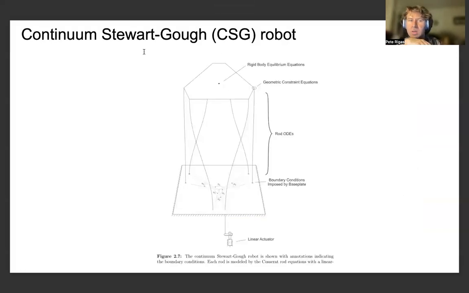And the CSG, or the Continuum Stewart robot, which he represents and discusses in his thesis, is given by the following schematic.